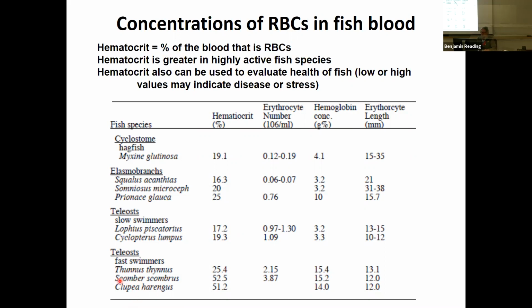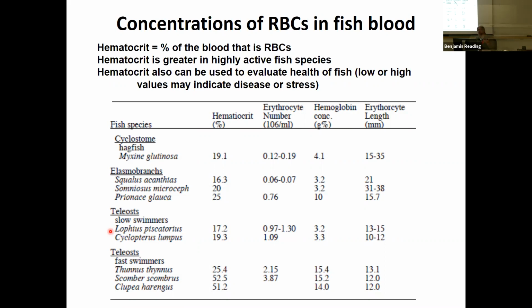So again, here we look at very fast swimming fish, Scomber. Remember, family Scombridae, the mackerels. Look at this, hematocrit, 52. Half of the blood volume is red blood cells. That tells you how much oxygen these things need. Versus Lophius, family Lophiidae.